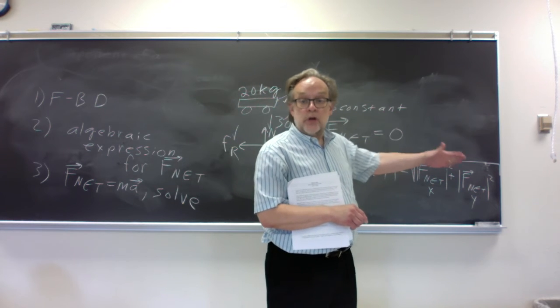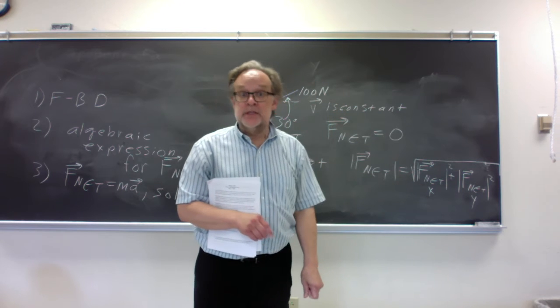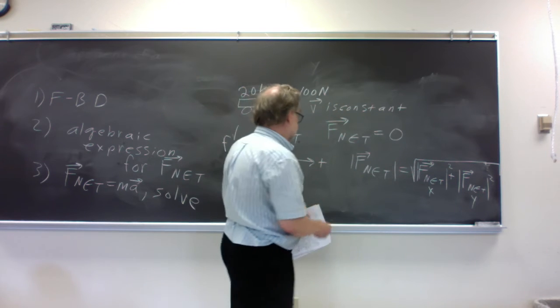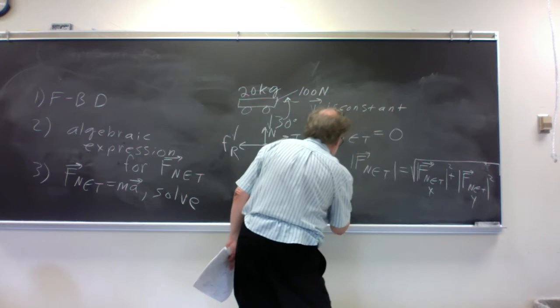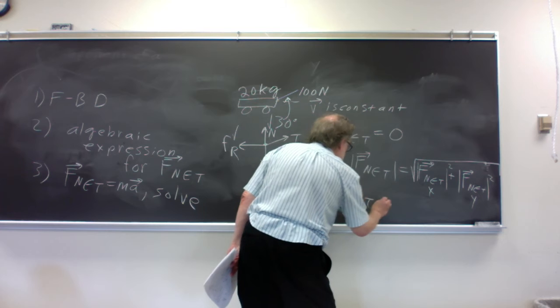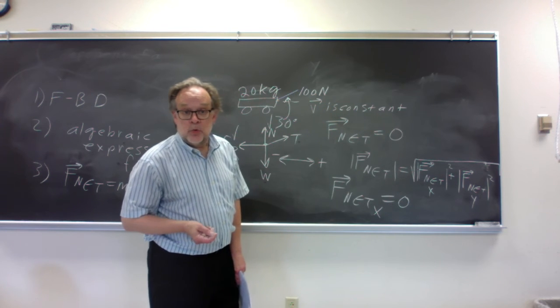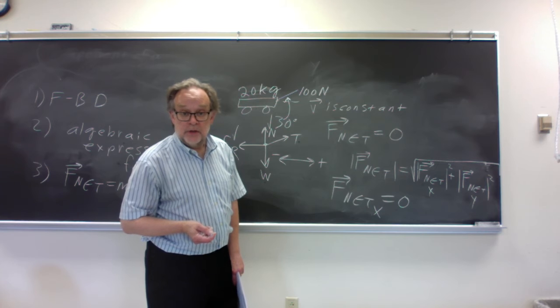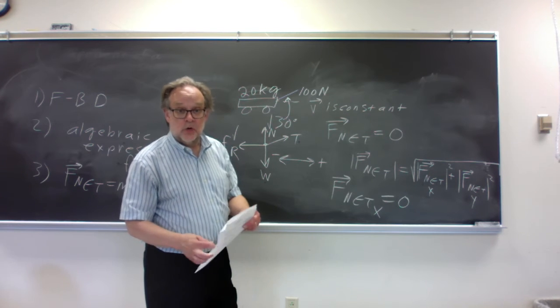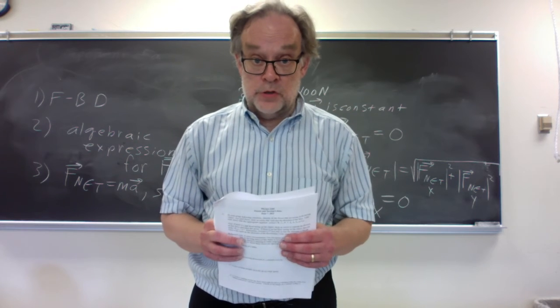Obviously, if either one of those components is not 0, then the magnitude is not 0. So the x component of the net force is 0, and likewise the y component of the net force is 0. And that's what allows us to figure out the other forces.